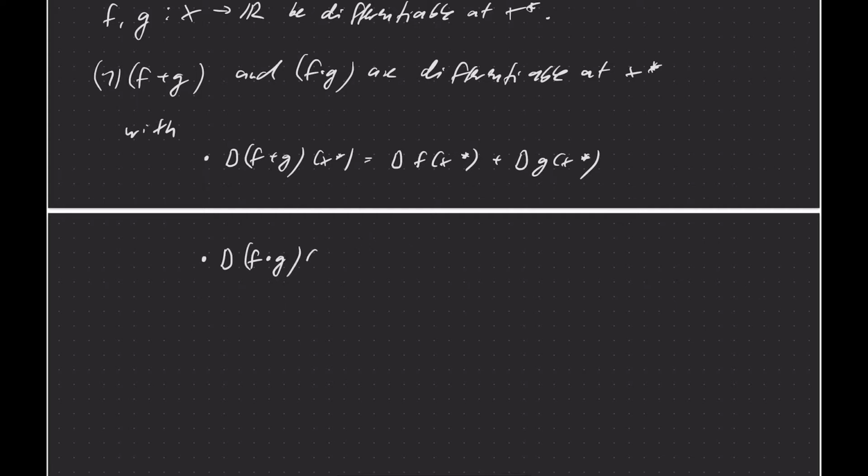So the differential of F times G at X star is the same as G evaluated at X star times the differential of F at X star plus F evaluated at X star times the differential of G at X star.